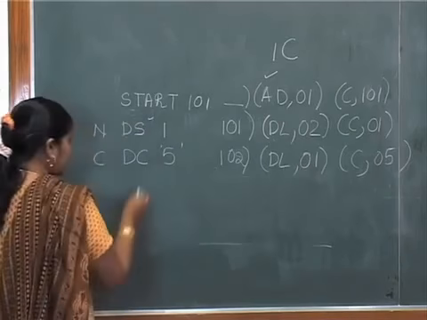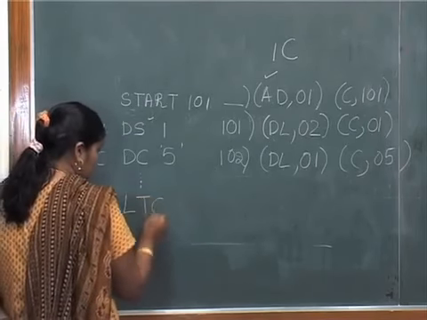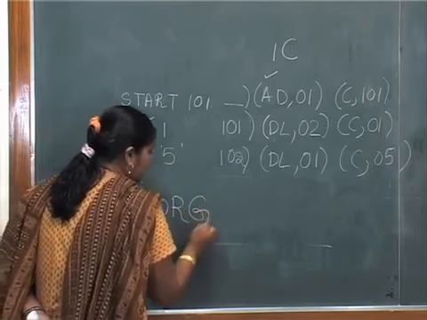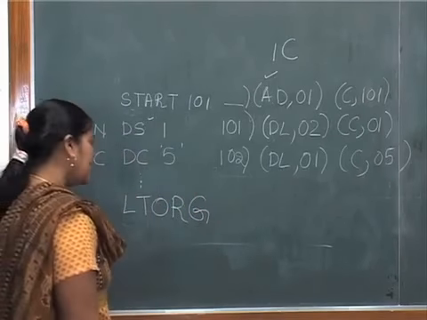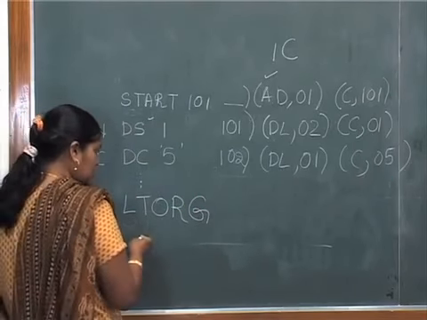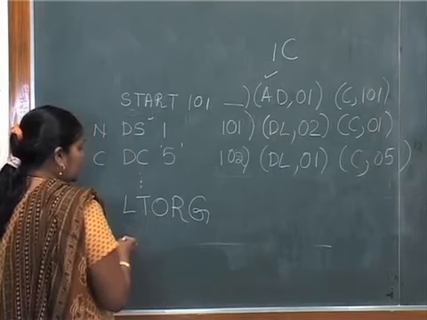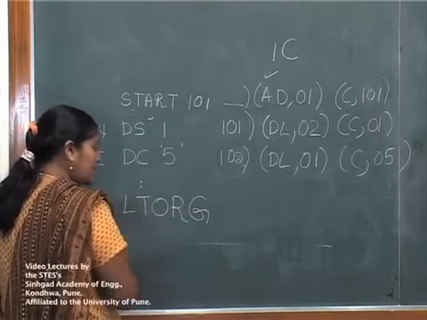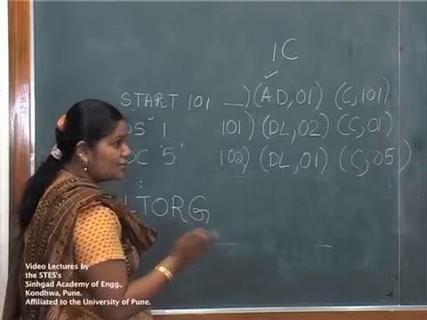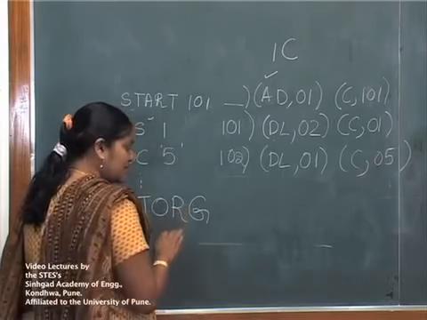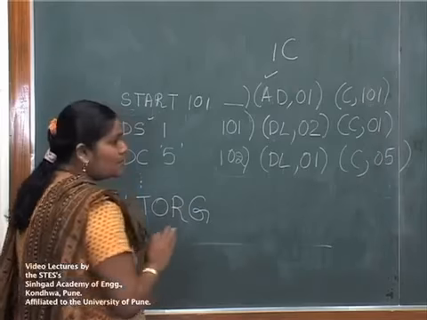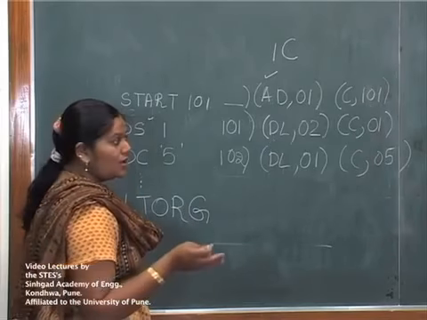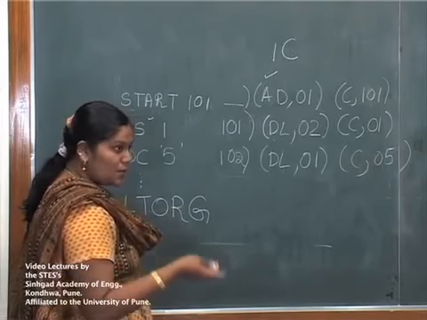Now when it comes to LTORG and I need to generate an intermediate code form, there are two ways to do this. One, you can make pass1 do the entire processing, that is, associating addresses with the literals can also be done in pass1, or you can simply transfer that job or function to pass2.